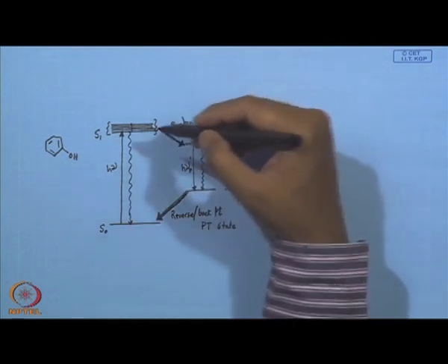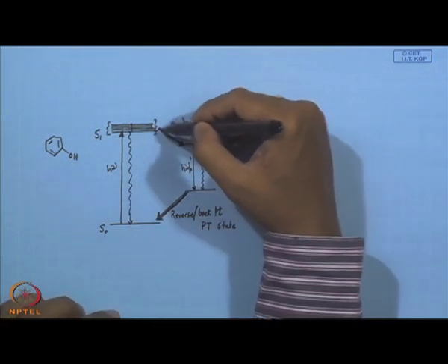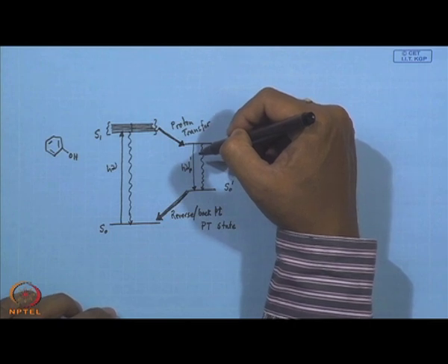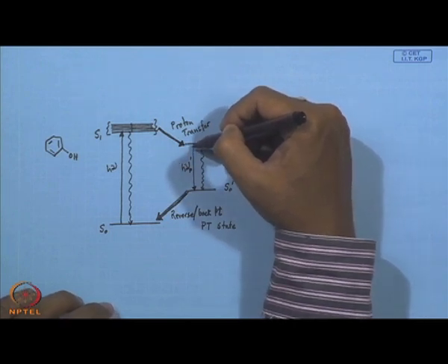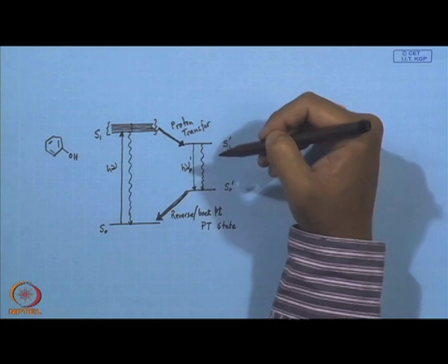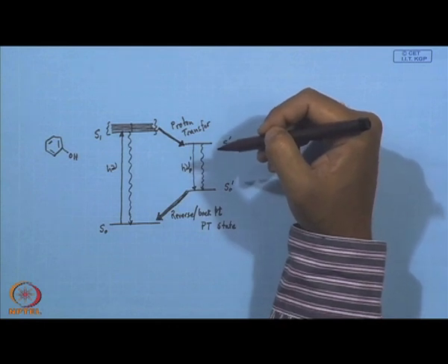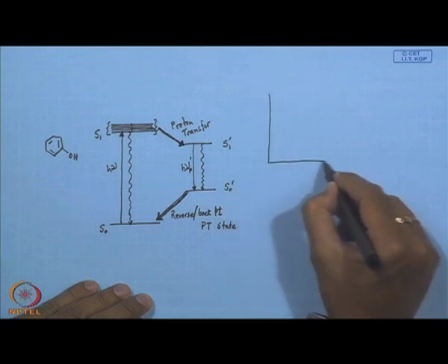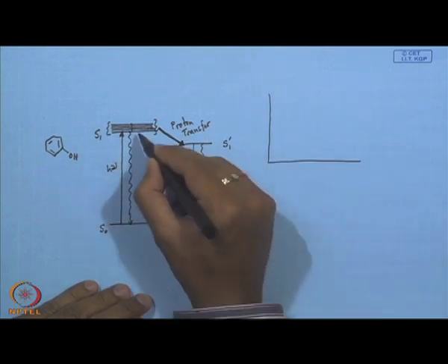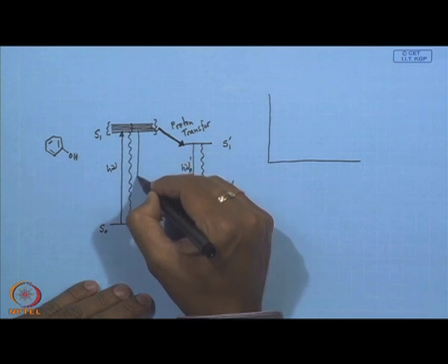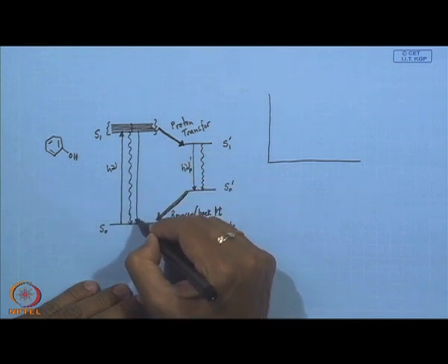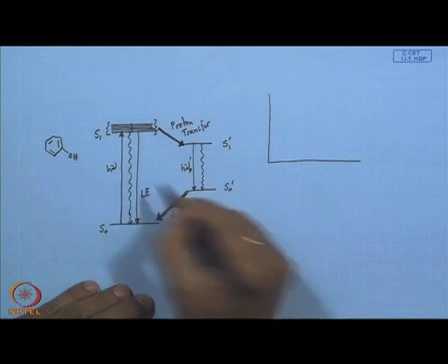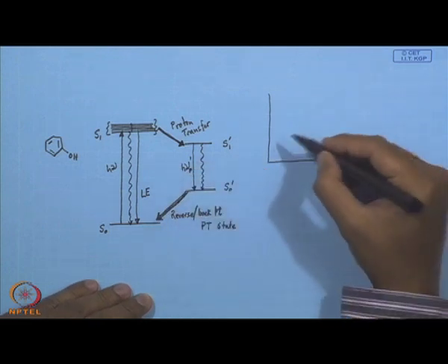Okay. So, you see that this proton transfer is taking place in the excited state, giving rise to a proton transfer state. If you look into the emission profile of the molecule, you will find that you get an emission which is called the locally excited emission, LE, and this is your proton transfer emission.